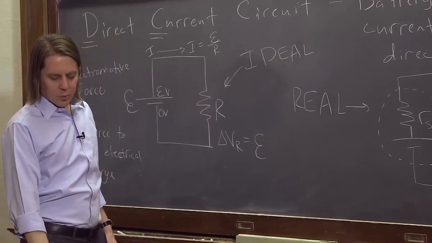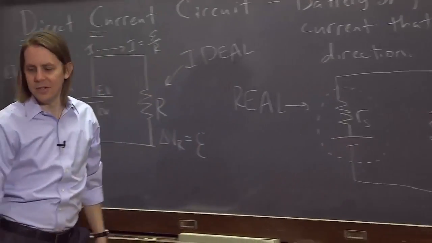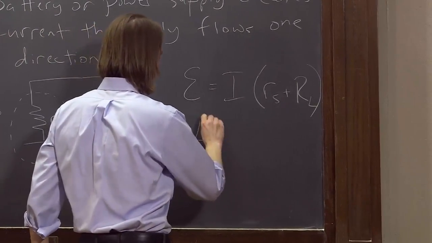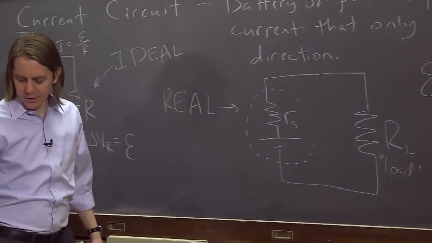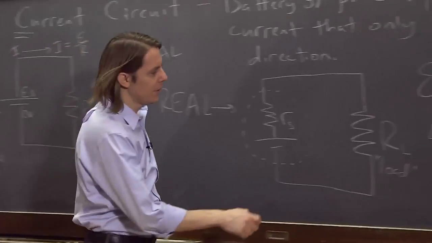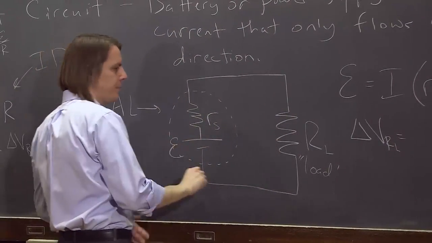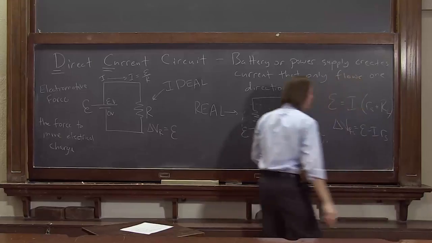Well, then you could ask, what is the voltage drop you're going to get out of this thing if you think of it as an instrument? Well, what you're going to get is delta V across R_L, and basically it's going to be the full EMF of the battery minus the current times R_S.